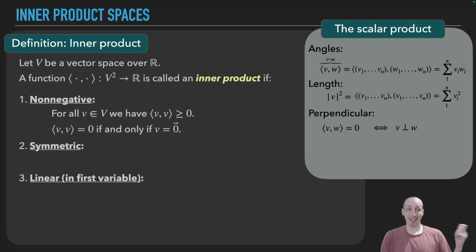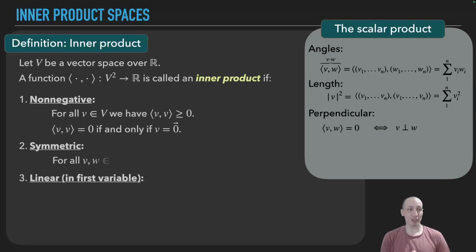Moreover, we want that the product of v by itself is 0 if and only if the vector itself is 0. So again, the geometric intuition is that a vector is 0 if and only if its length is 0. This is definitely true in the standard Euclidean geometry, and it is a very important property that we want to have, so we add it as a condition for the inner product.